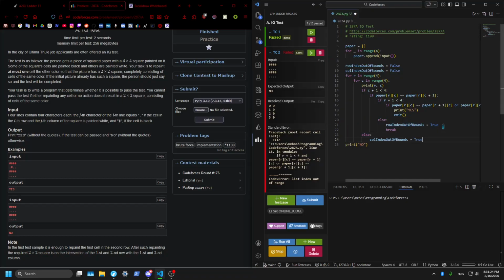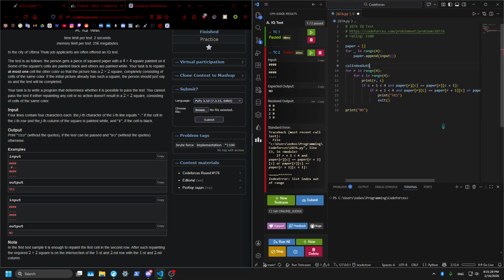Why didn't I think of that? I can do R in range 3, C in range 3, so 0, 1, 2. And we won't even need these row column checks, right? Allegedly.